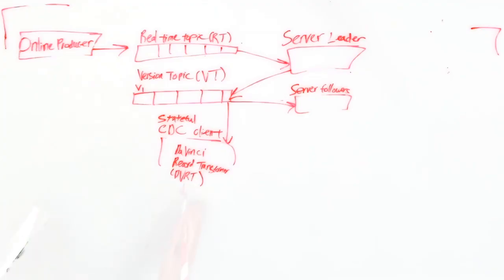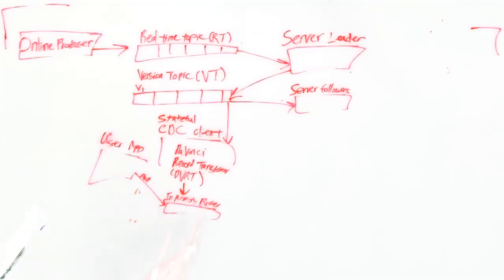What we do here with Stateful CDC is that when these events happen, we first write them into an in-memory buffer. The user app pulls from this in-memory buffer, and that's when they're getting these events.